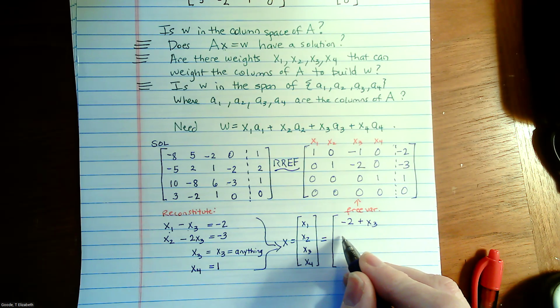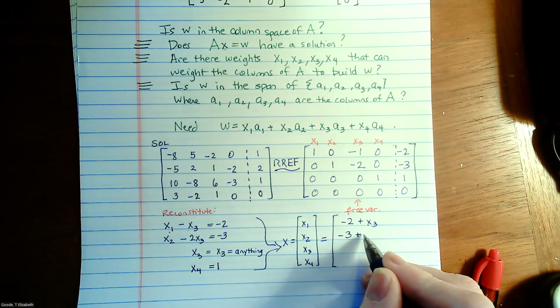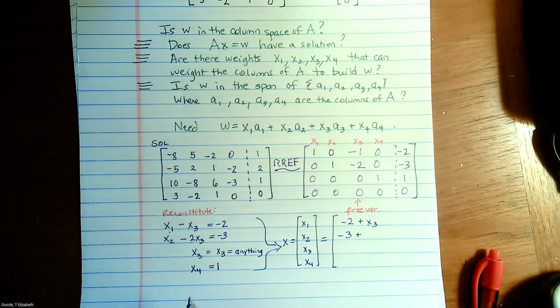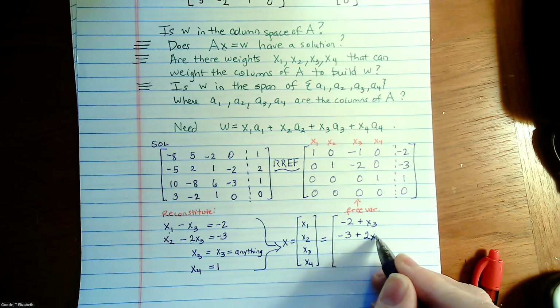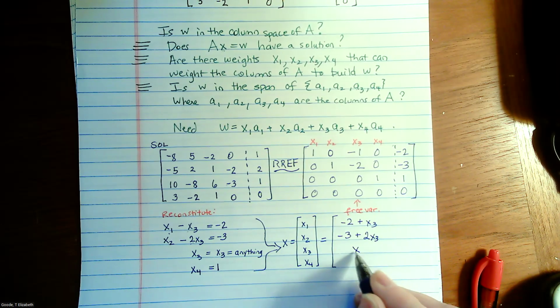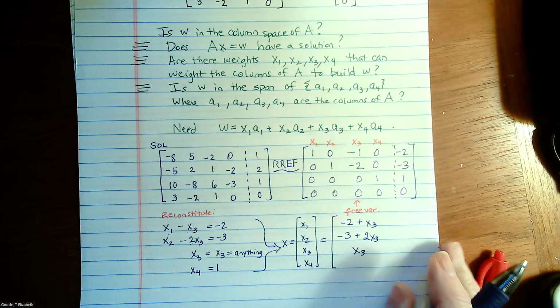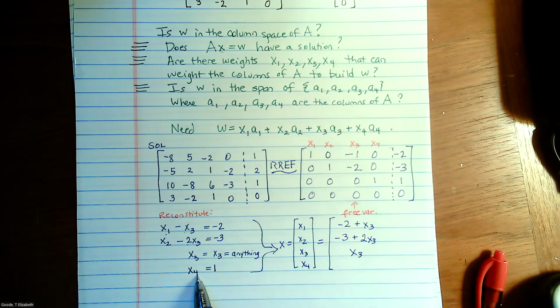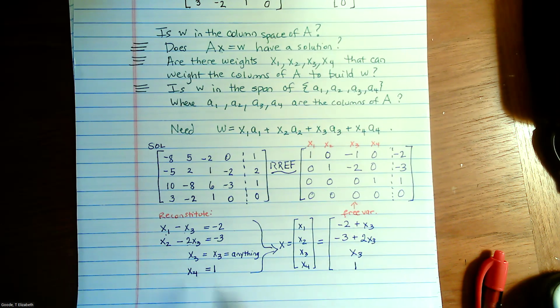So -3 plus x3 for x2, it's going to be plus, right? X3 is just X3. And then what's X4 going to be? It's 1, which is already on the other side. We've already solved for X4.